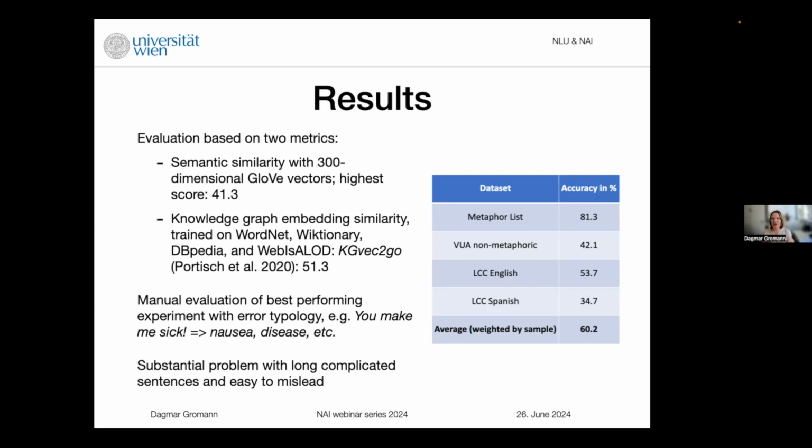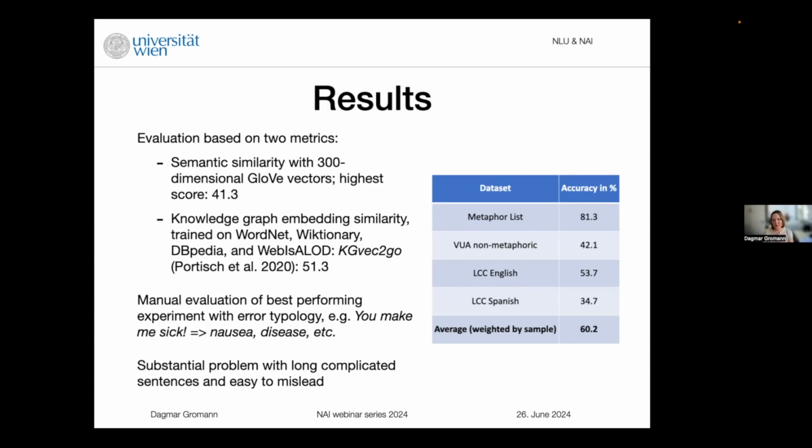Sometimes they're very close. For instance, the model predicts nausea, and the gold standard says it's a disease. This is close enough for us, for instance, to consider it correct. What's interesting is that the models were very easy to mislead with just some specific words.